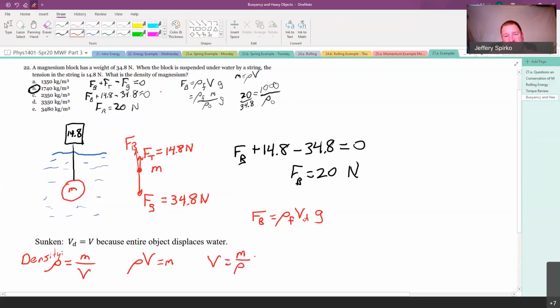So let's put that in there. Let's make this rho fluid times the mass over rho. Now I have two rhos, two densities in the same thing. So this is object density, times g.